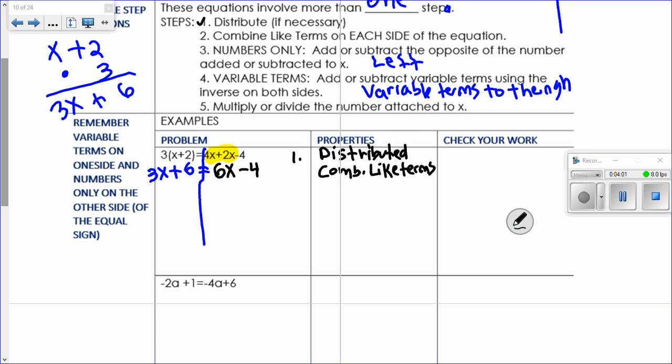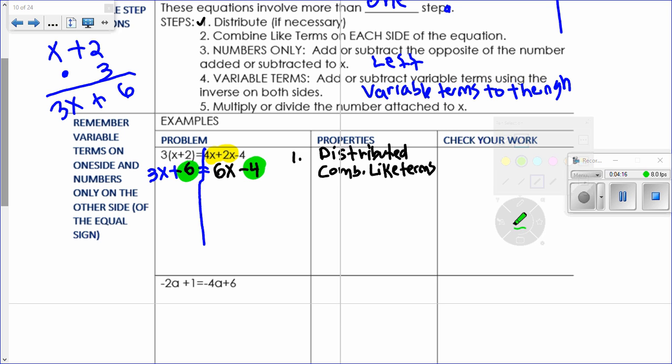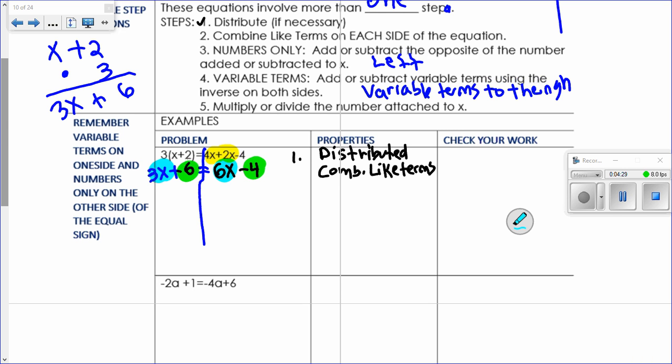Now I said number terms. So here are my number terms. I said number terms should always be on the left. They should be combined on the left. Variable terms, on the other hand, should be combined on the right. Okay? So if I'm moving a number term from the right-hand side to the left, what number term would I move?